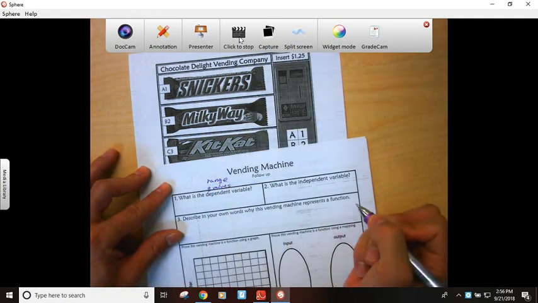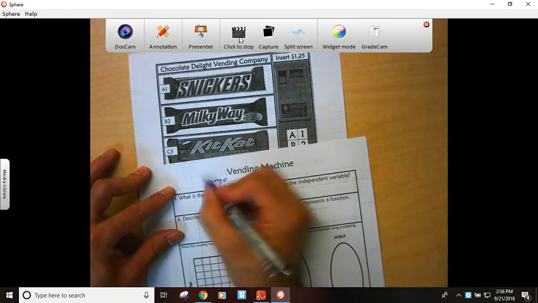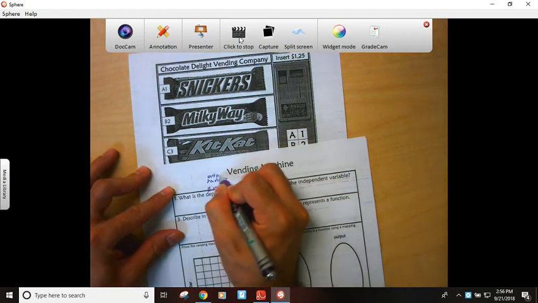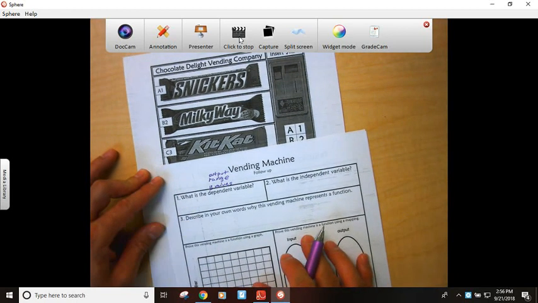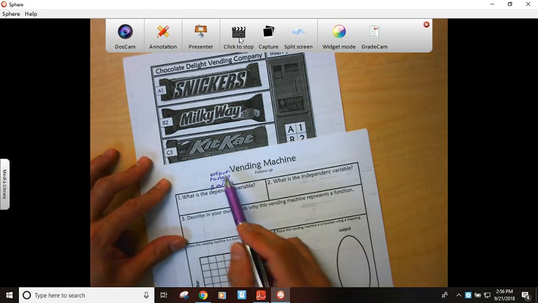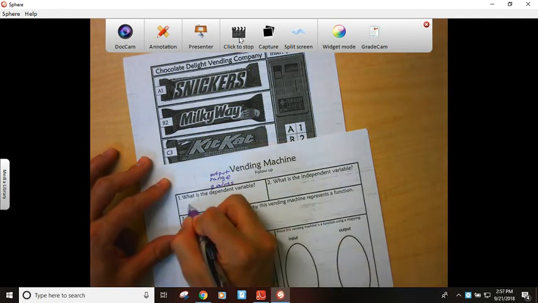And we also said that it is called your output values. So the bigger you make your vocabulary, the easier it is to answer these questions. All of these words mean the exact same thing. So when you get stuck on the word dependent, ask yourself, what is the output of this situation? And the output in this situation are the candy bars.